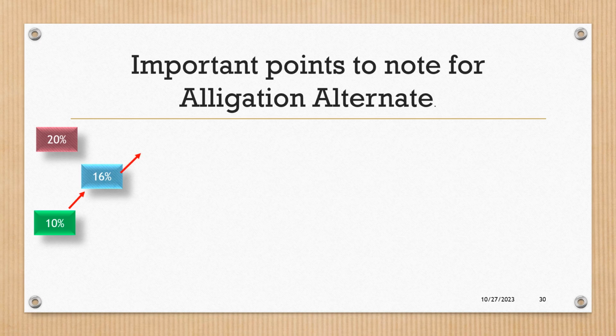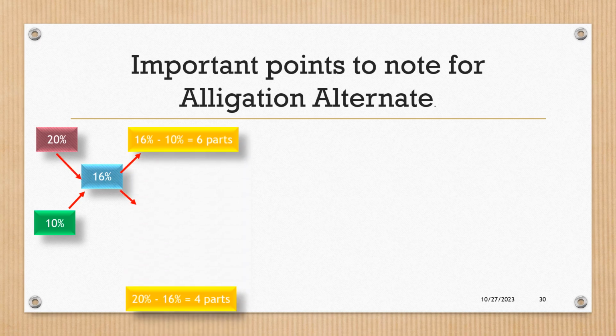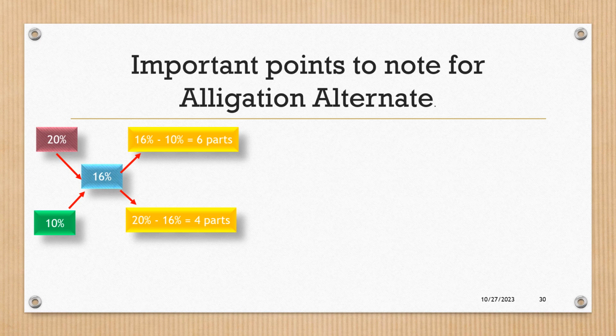Again, we're going diagonally upward and diagonally downward, and look at what your responses are in terms of the number of parts. So here we will be combining 6 parts of 10% with 4 parts of 20%.